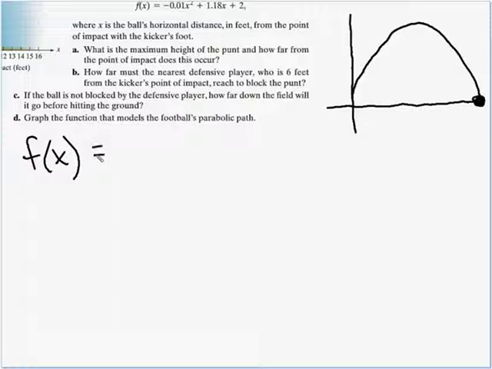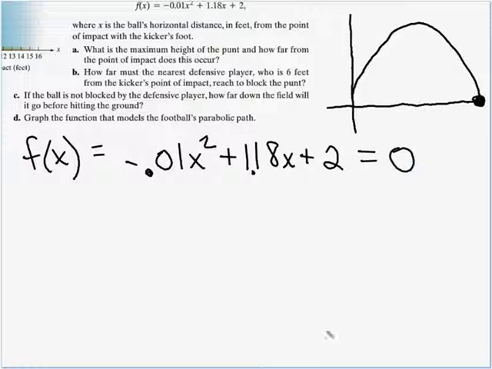Well, let's see. We try to factor it if we can. So here's our equation, and we want to set it equal to 0. Okay, with this negative 0.01, trying to factor that just by plugging in some numbers is definitely not going to work out. If we want to complete the square, we're going to have to divide every term by negative 0.01 to get this to be a positive 1x squared before we can complete the square.